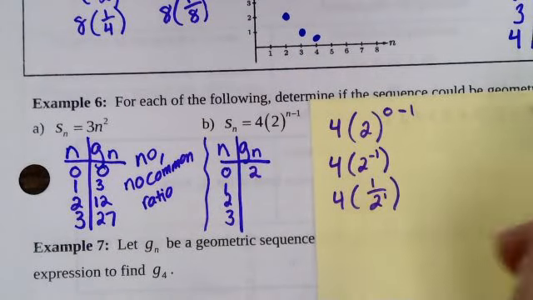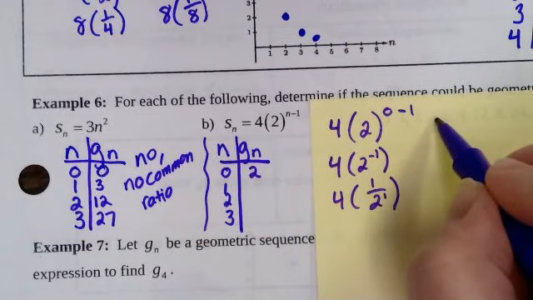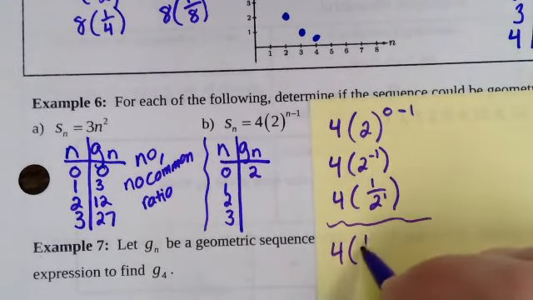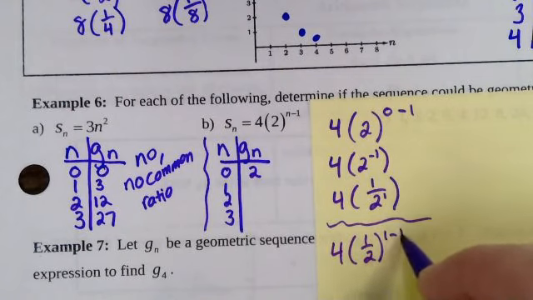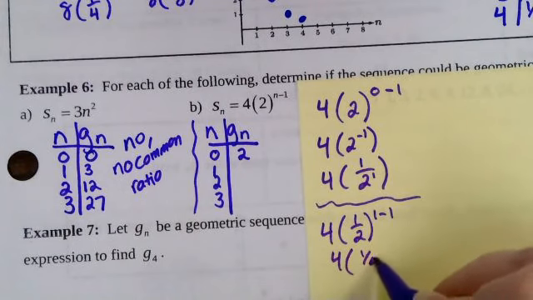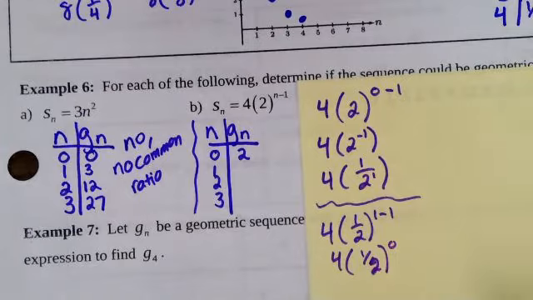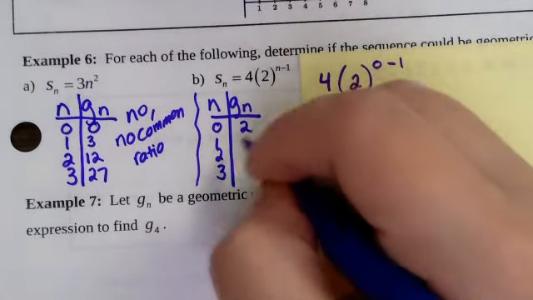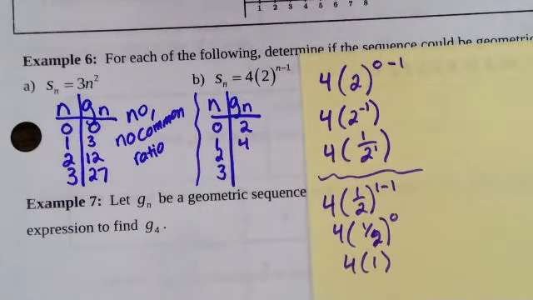All right, I plug in another number. Let's plug in a 1. 1 minus 1 is 0. So this is 1/2 to the 0 power, which is 1. 4 times 1, 4.